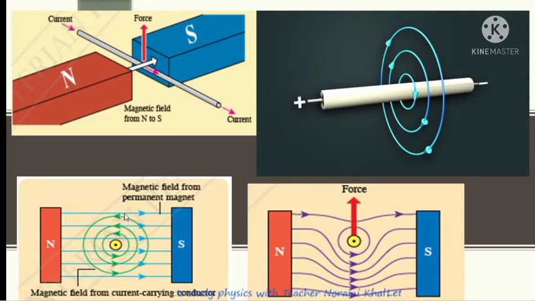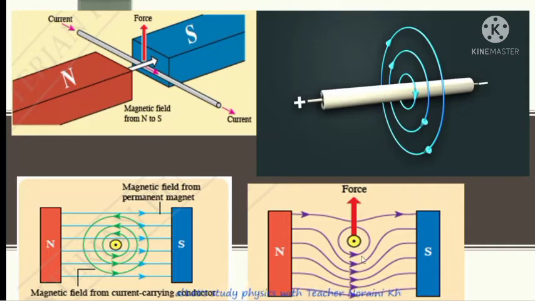Above the wire, direction of magnetic fields are opposite. Thus, the resultant magnetic field produced will be weaker. At the bottom part, direction of magnetic fields are the same. Thus, the resultant magnetic field will be stronger.